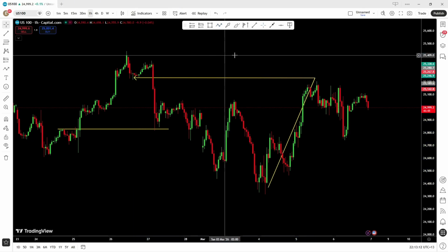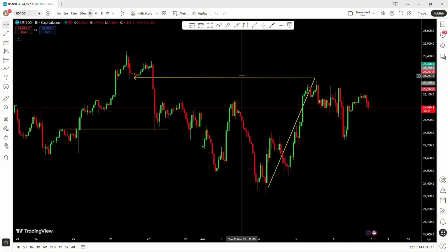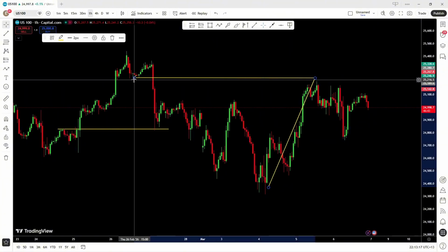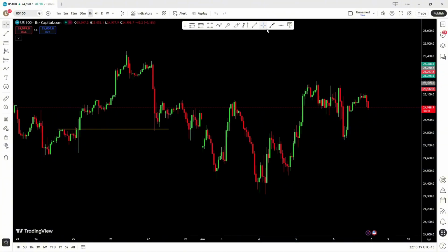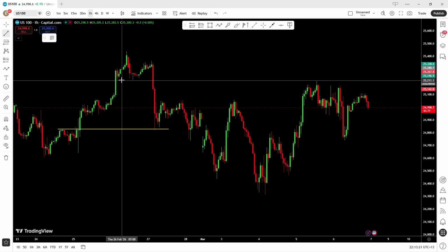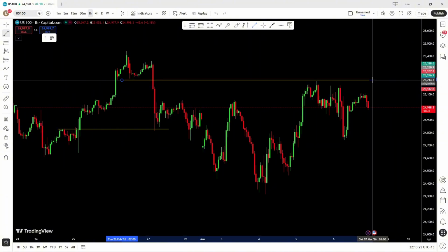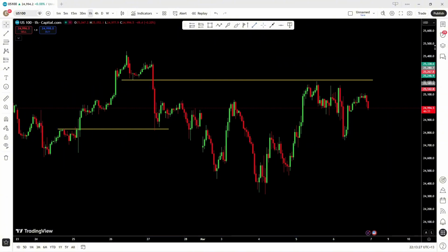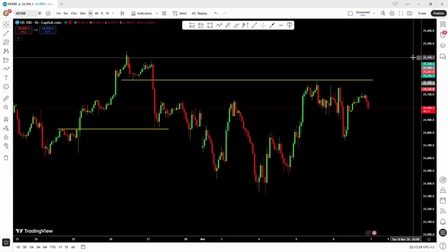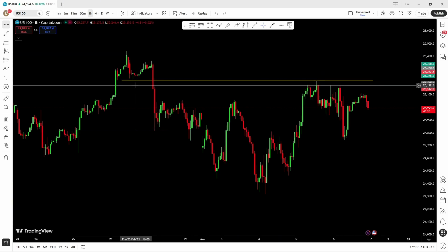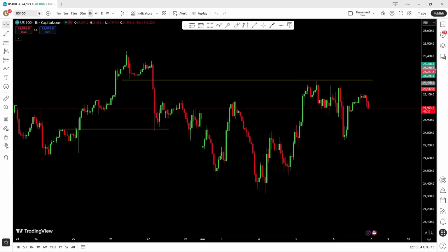Look left. Price is basically bouncing directly off this structure point on the hourly. So if we just mark off the structure point, we go left. If we just do it like that, you'll see price is basically struggling to break the structure point over here.